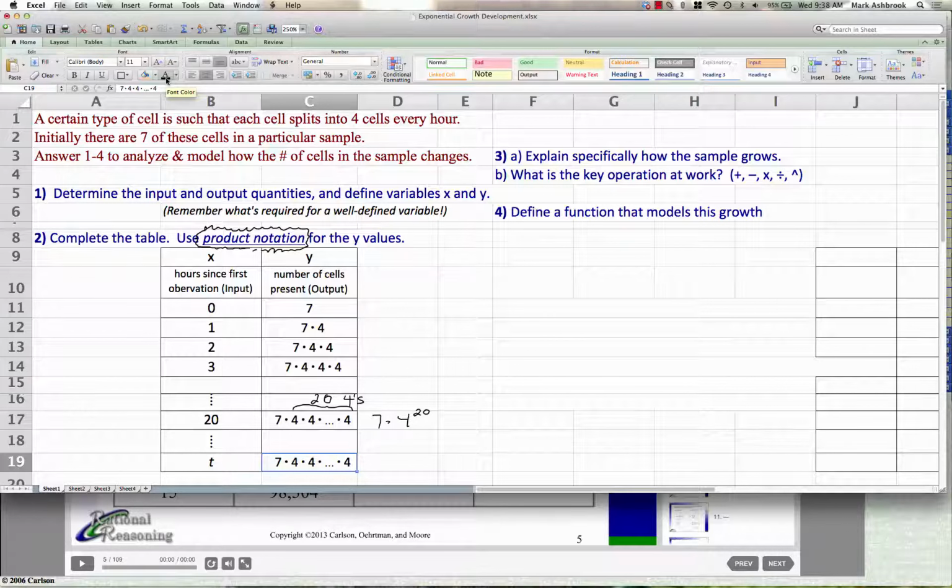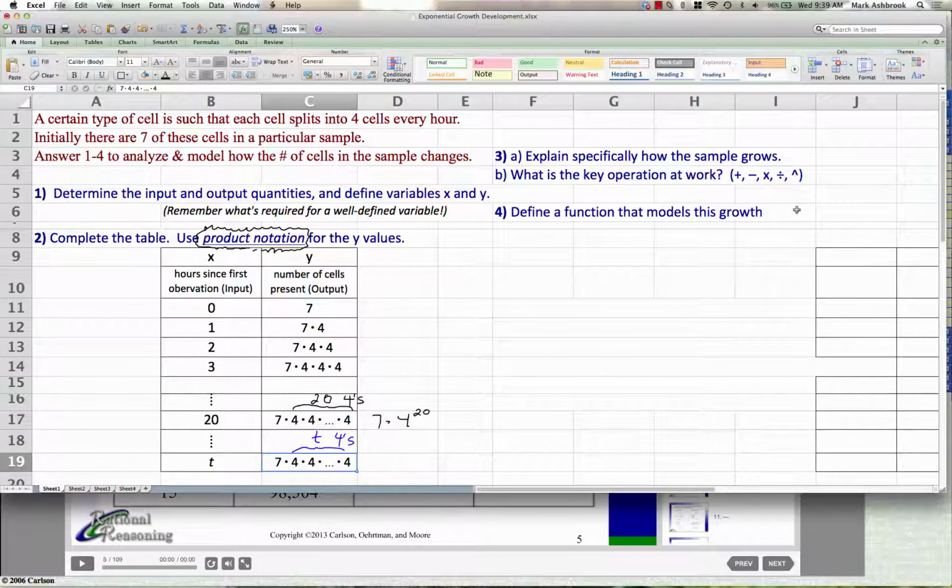T 4s. Okay? What's the key operation at work? Michael, what's the key operation at work? Multiplication, right? Exponent is just for convenience.